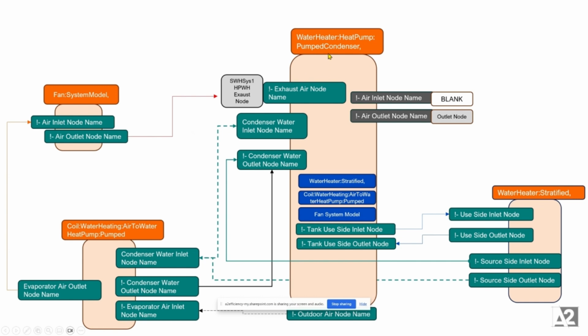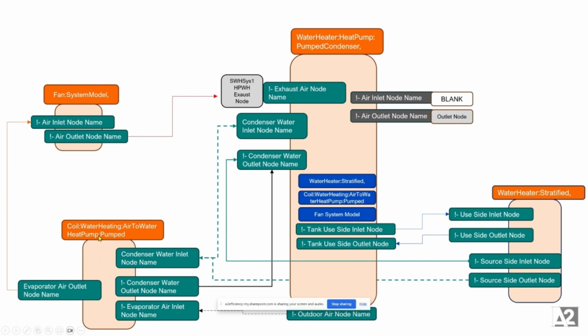The main component is called the water heater heat pump pumped condenser. It basically means it's pumping the condenser water to a tank. Here's our stratified water heater tank. It has a separate object that is the actual compressor.